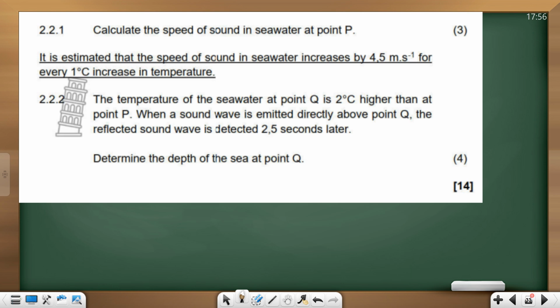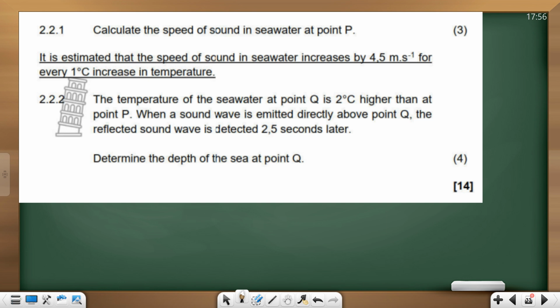It is estimated that the speed of sound in water increases by 4.5 meters per second for every 1 degree increase in temperature. What does that mean? Oh, it means if the temperature increases by 1, the speed of sound also increases by 4.5. Okay, let's see. The temperature of the seawater at point Q is 2 degrees Celsius higher.